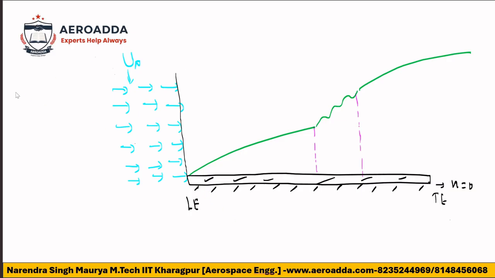This region first, I can say it is from A to B. I have to write A, B, C, and here I can take D. So between A and B, the flow follows a path like this. That velocity variation exists here.